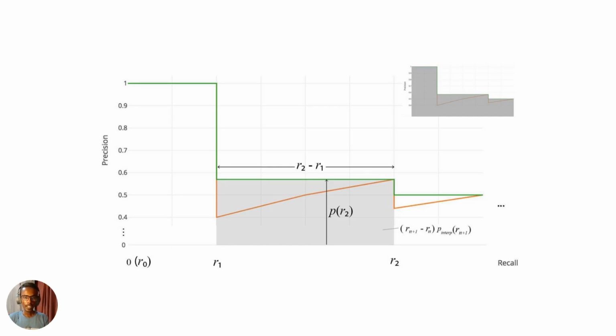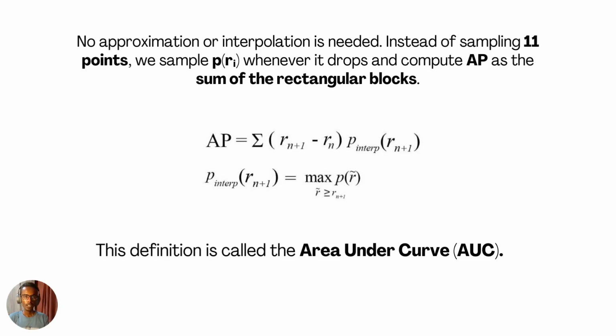We draw a line from this point to the next vertical line on the left and compute the area of that rectangle. The area is just the product of the width and the height. So no approximation or interpolation is needed.